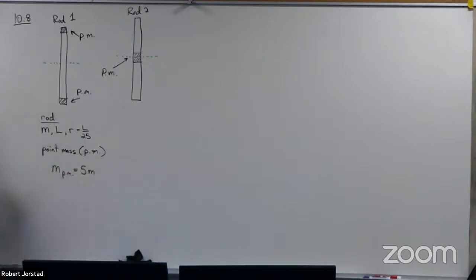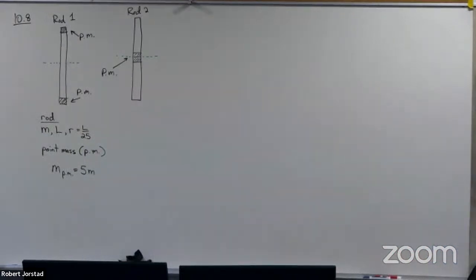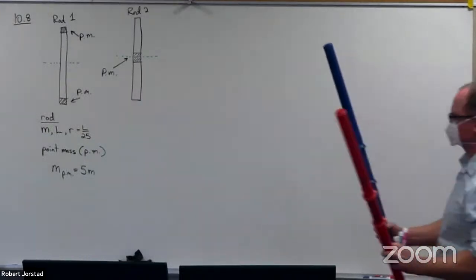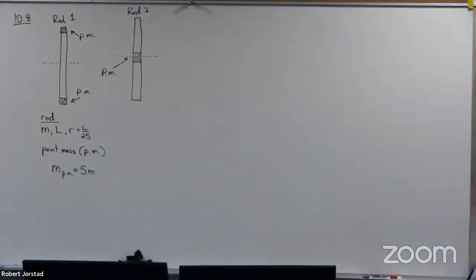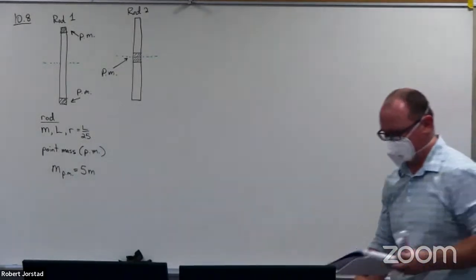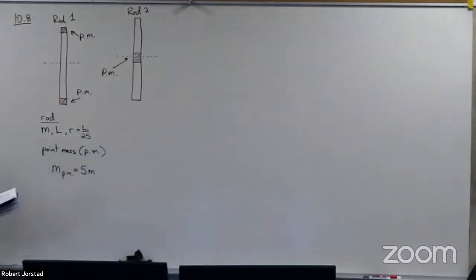And I took these numbers straight from the specs on these red and blue rods here. So these are actual specs of these red and blue rods. That's the actual numbers that we are representing with these two objects. We're going to treat each of those point masses as point masses.